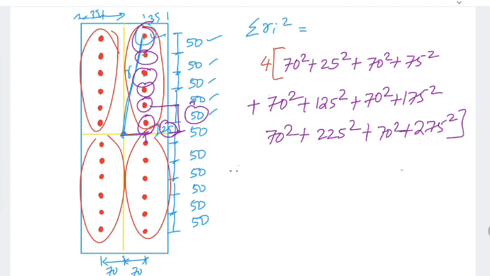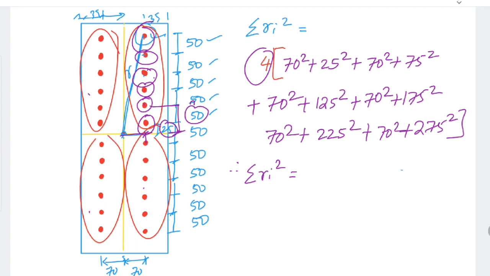Like that we'll be finding the sum of Ri square, with Ri in both directions squared. There are 4 sets, 1 2 3 4, so multiplied with 4.